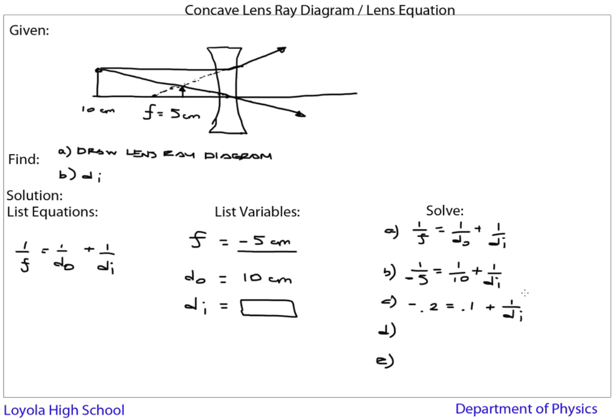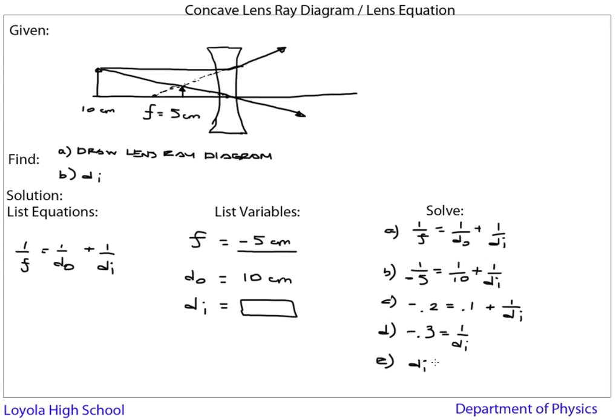If I do the math for this, negative 0.3 equals 1 over DI.